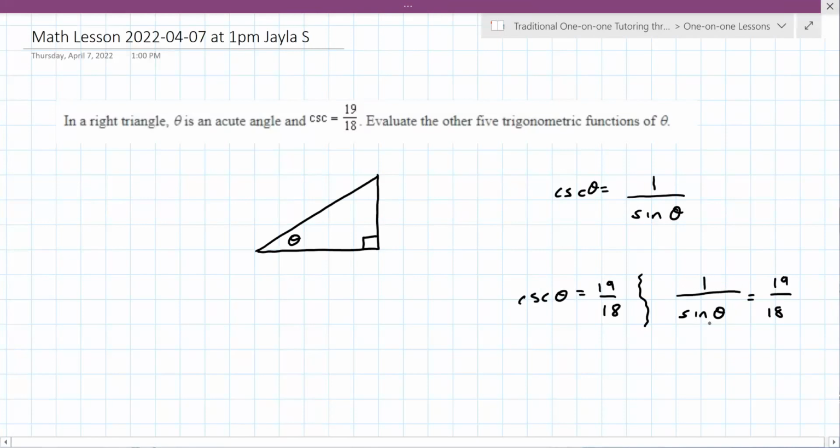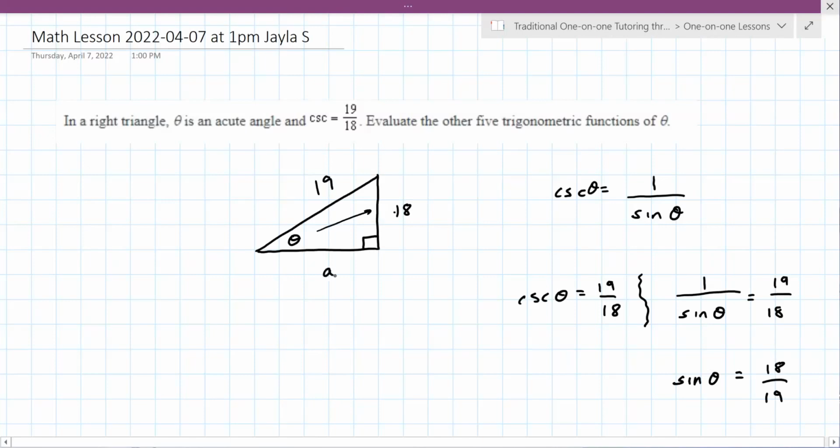On the left here, you flip. So you change it to be sine theta, and then you flip the right. So you flip the left, flip the right, and this helps you now because sine is opposite over hypotenuse.